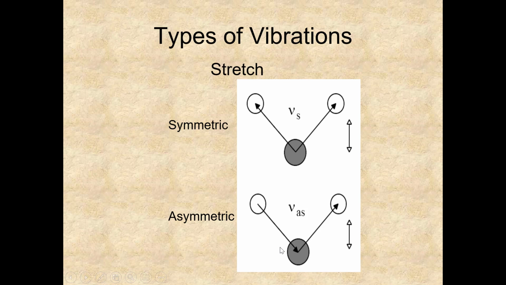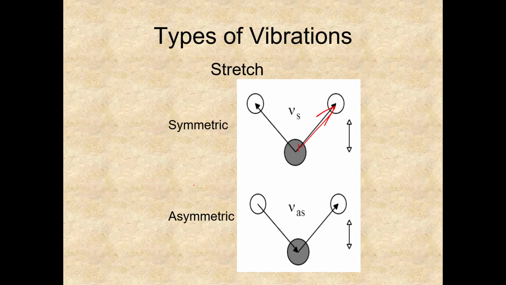Now, the types of vibrational stretches you see. If we have a 3-atom system, we can do these, where the atoms go back and forth in a stretch. We have asymmetric stretches, and that's really what I was showing you before. I wish I was in person, because I showed you with my arms, and I will the next time we're in class.